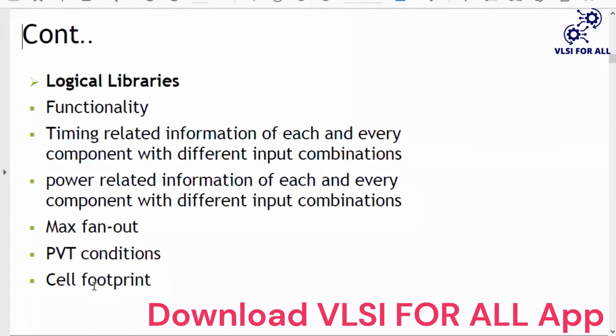With functionality, it will include the power related info. For that particular cell, how much leakage power is required, if we consider any one combinational or sequential cell. All that info is available in the power related info.